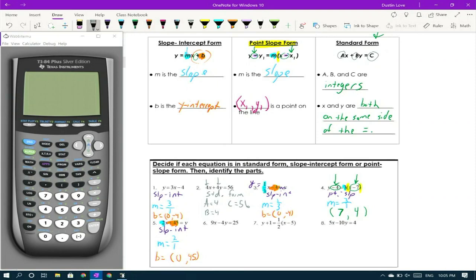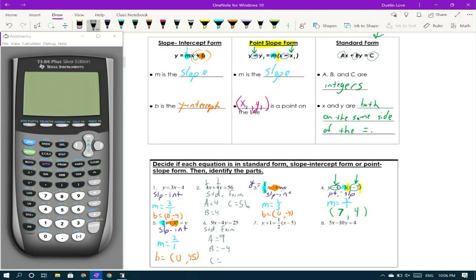All right, number 6. I see x and y on the left-hand side. Since they're on the same side, that tells me it is standard form. And so we're going to go ahead and label A, B, and C. A is the number in front of x, which is 9. B is the number in front of y, which is -4.